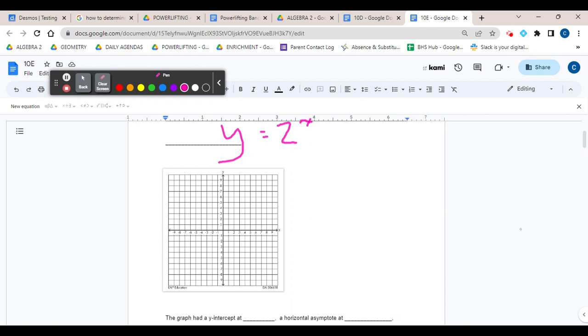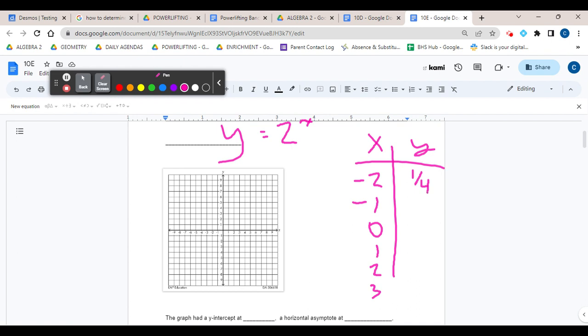All right. So if we were to graph this thing here, we have our x's and our y's, and so we're going to take x will go -2, -1, 0, 1, 2, 3. If x is -2, y would be 1/4.